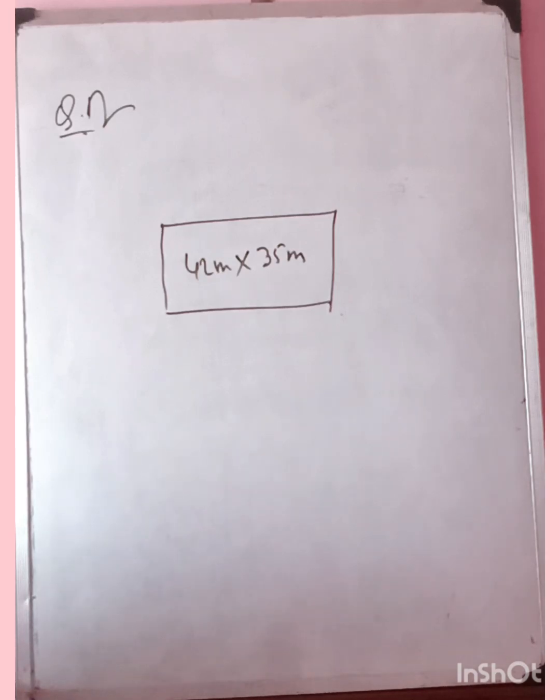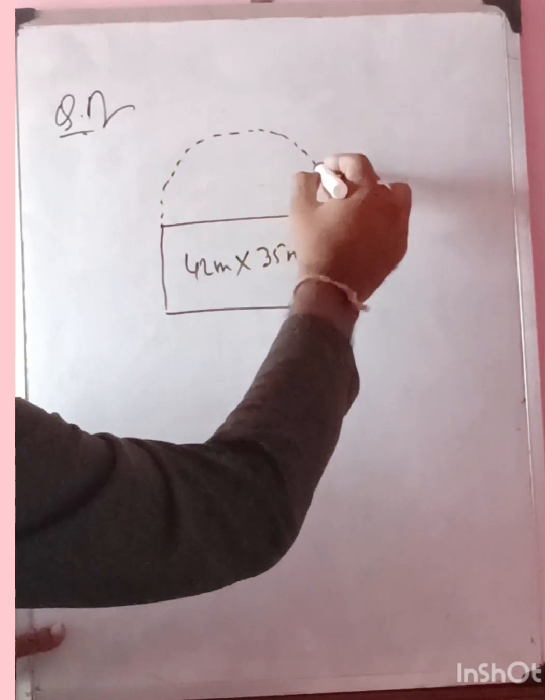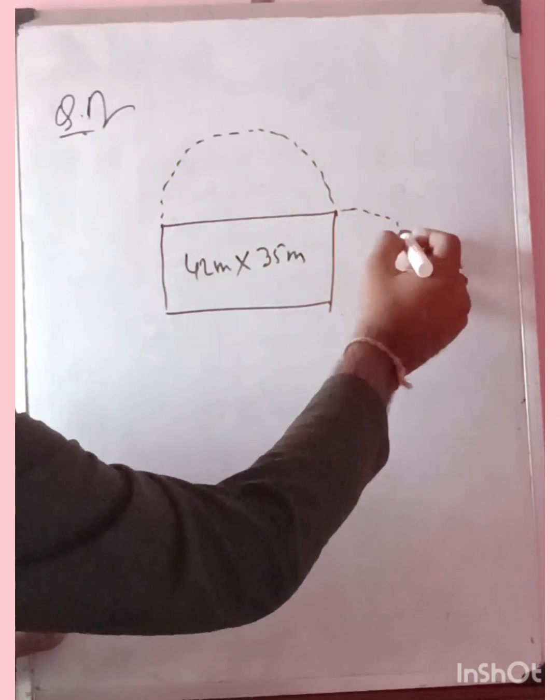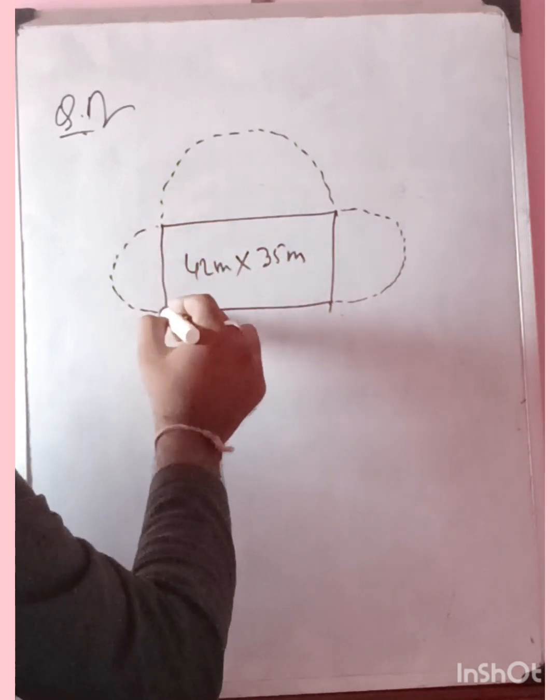Semicircular lawns are attached to all the edges of a rectangular field measuring 42 meter into 35 meter. Find the area of the total field. So, there are 4 lawns attached to each side of the rectangle.